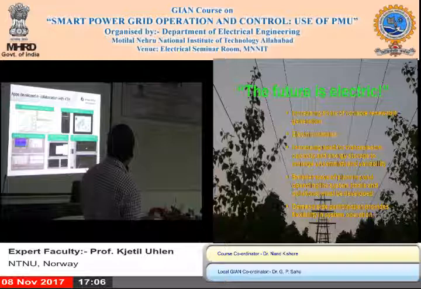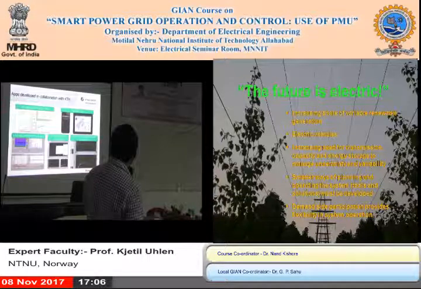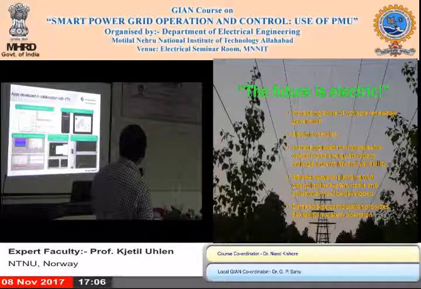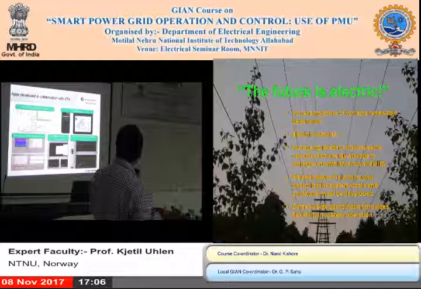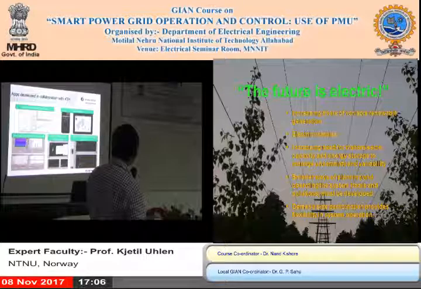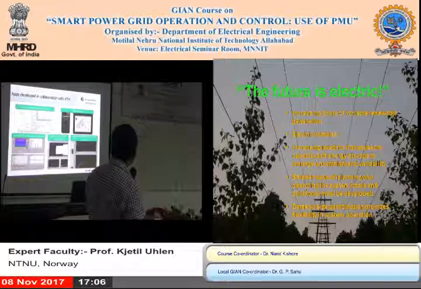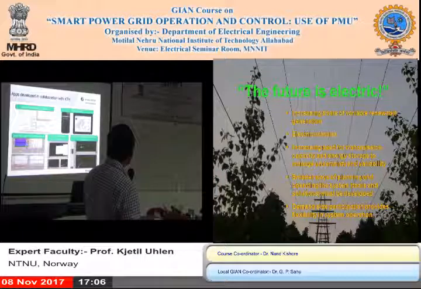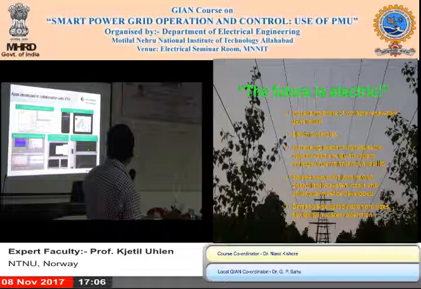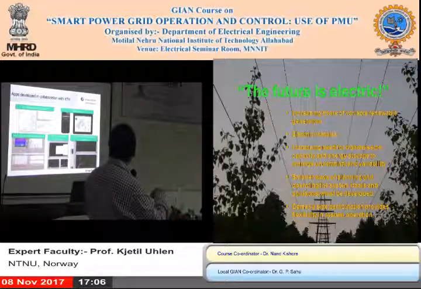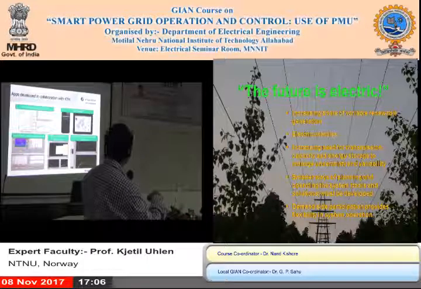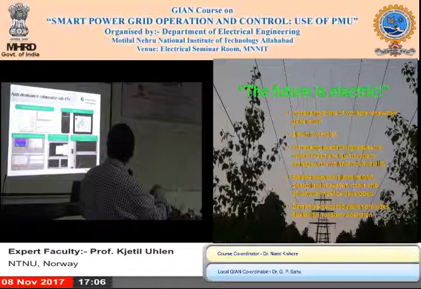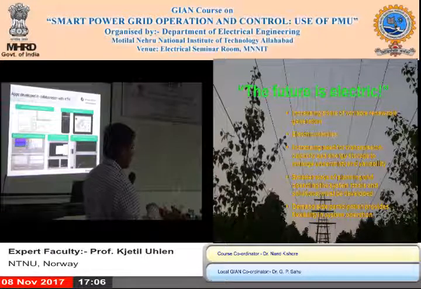And then again, the other one, if you look at these results, if you have some oscillations, these are actually forced oscillations. So they have a visualization toolbox to detect the forced oscillations, and then again to assess the voltage stability. Then there is another visualization toolbox for inter-area oscillations, and this part is a color map, as we refer to it.